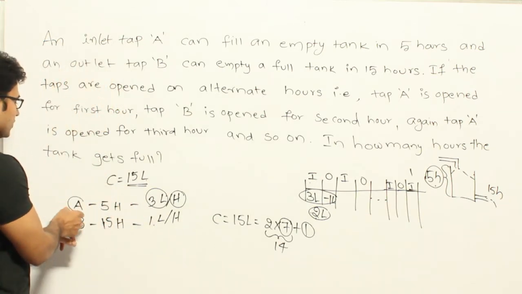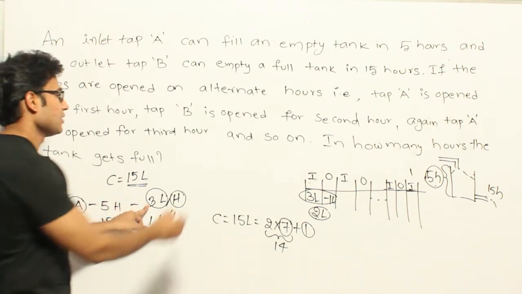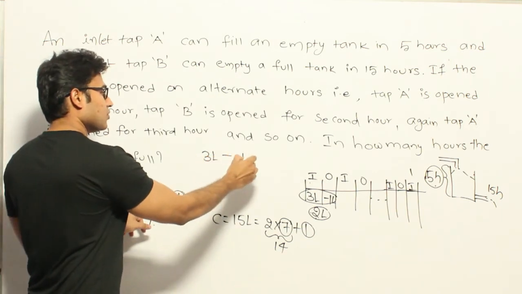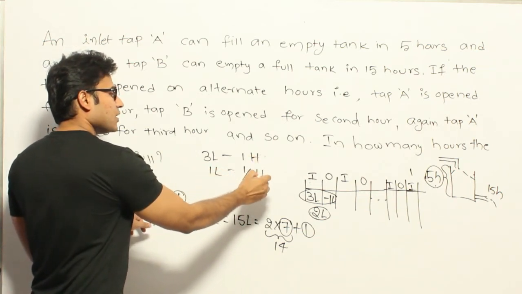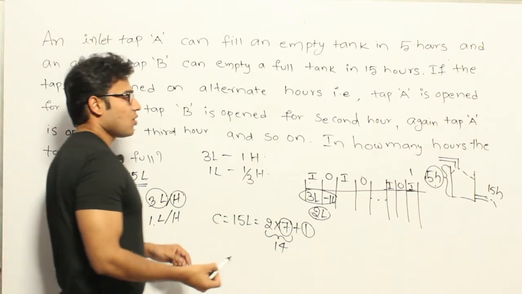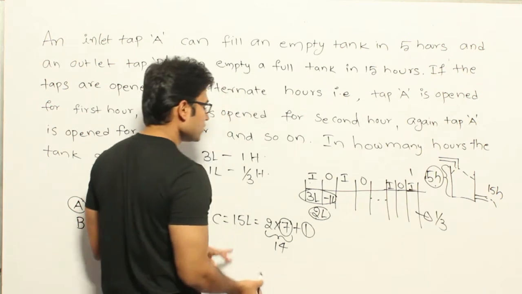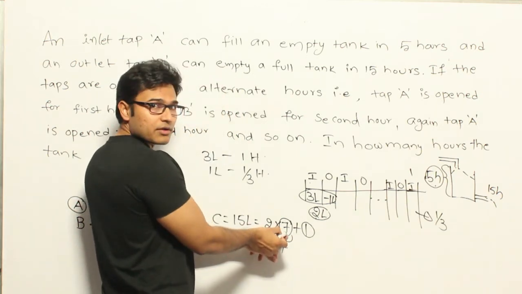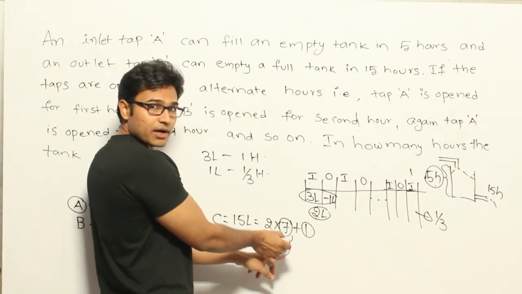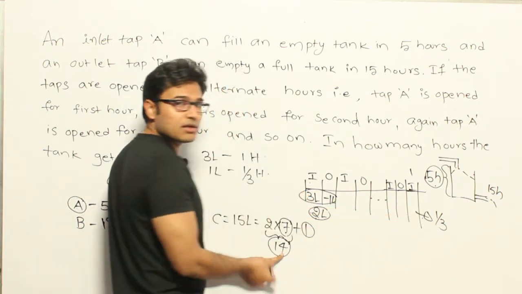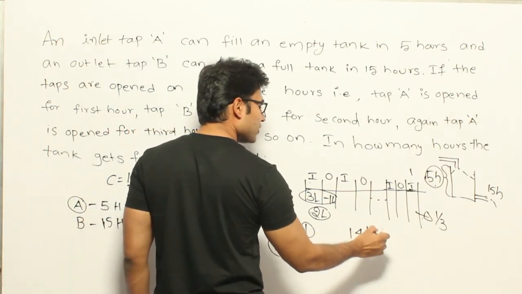If I open the inlet, tap A, for 1 hour it can fill 3 liters, but for 1 liter it takes only 1/3 of an hour. So 7 turns are required, each turn is 2 hours, therefore 14 hours, plus 1/3 of the next hour. Therefore the total time required is 14 1/3 hours.